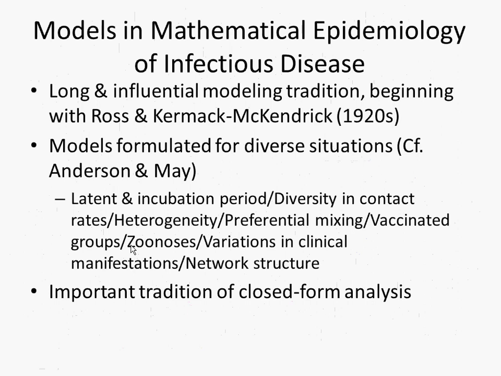Since the 1920s, people have been defining differential equations, and in fact, nonlinear differential equations, which can essentially be described by these stock and flow models, to describe the spread of infectious disease. And these models have been formulated for diverse situations and used to gain great insights.